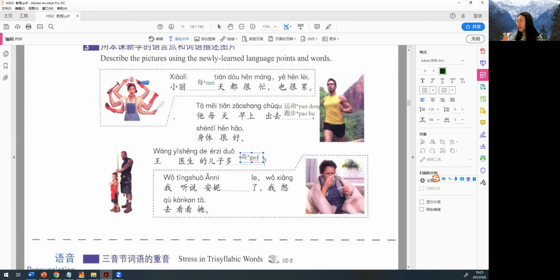All right. Okay, the last picture. So this woman seems sick. So here it says 我听说安妮，我想去看看她. So a new word here is 听说. 听说 means I heard about that. 我 is I heard about it. Heard about something. 我听说安妮, she's sick, right?